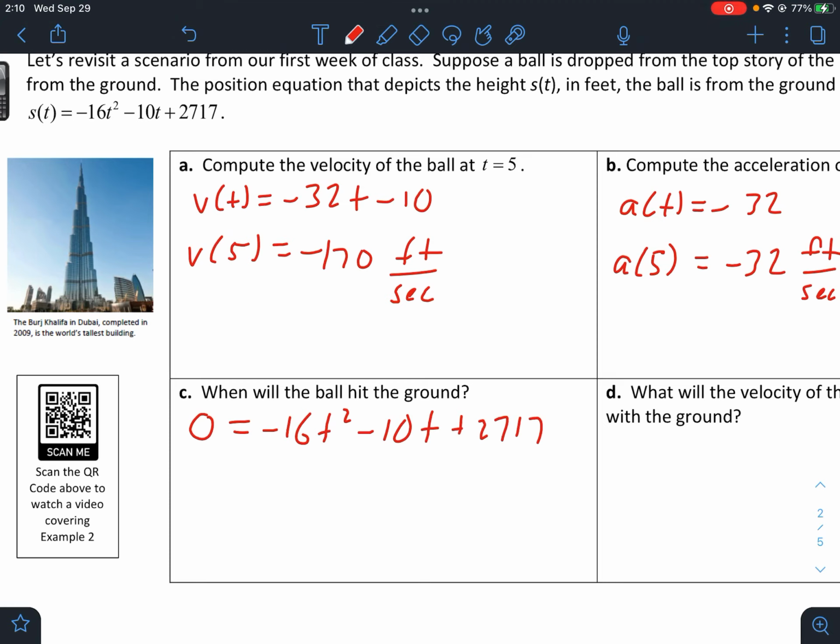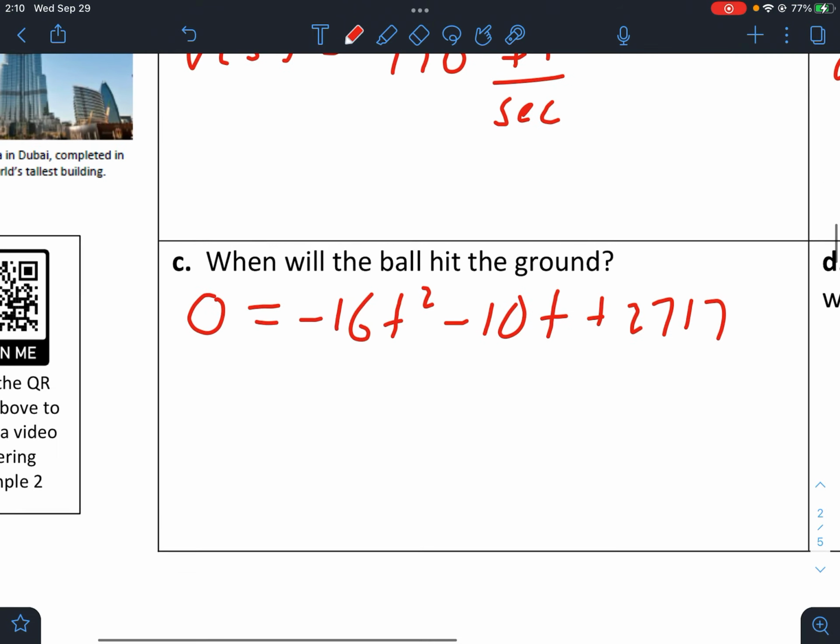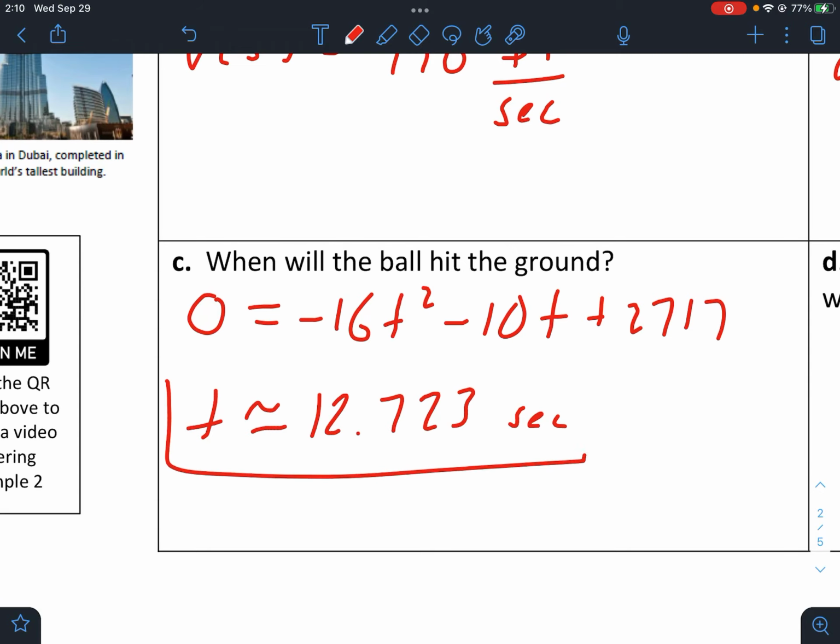You could definitely use the quadratic formula to solve this, but it'd be much easier to just take this equation here, put this into y1, and find the zeros using your calculator, okay? If we do this correctly, we should get a picture that looks probably something like this. All right, it's kind of like half a parabola maybe. And if you can find the zeros in the calculator, you're going to get t is approximately 12.723 seconds.